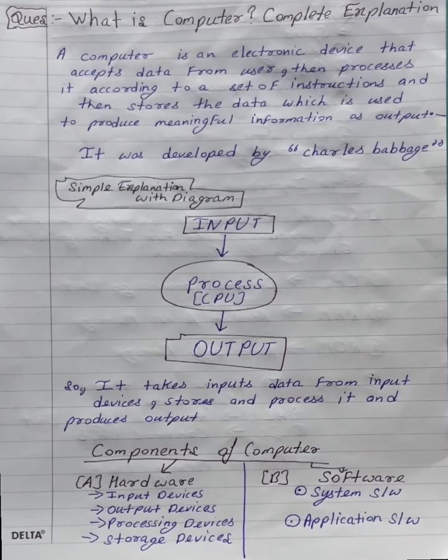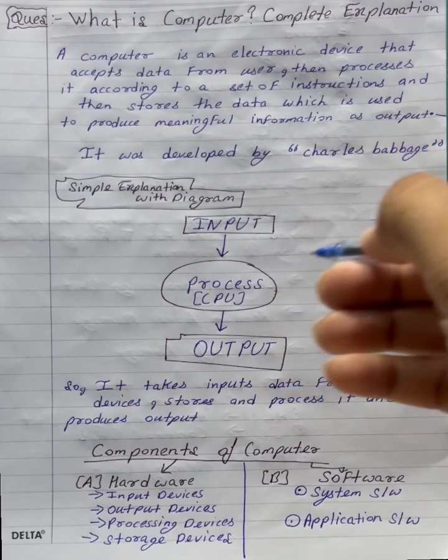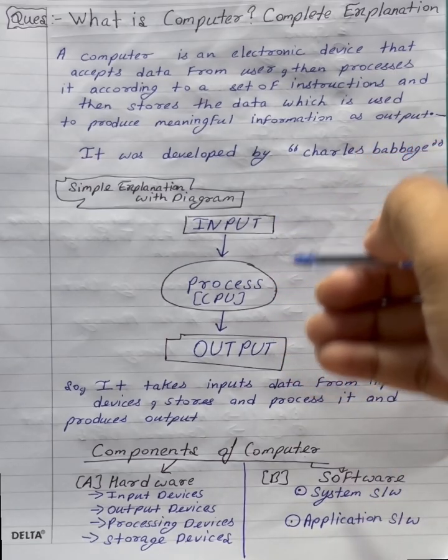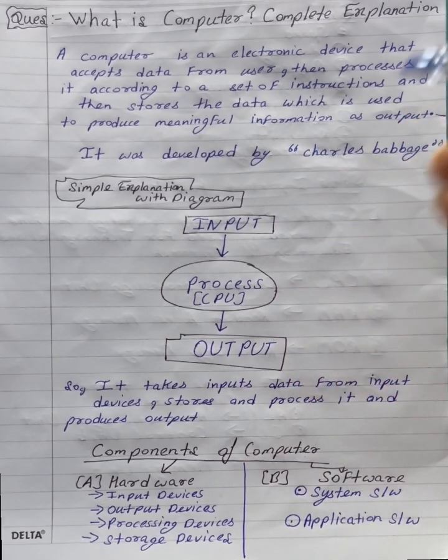Next is the processing unit or CPU. So guys, CPU stands for Central Processing Unit. It is known as the brain of the computer. It receives the data from the input unit, processes it according to the instructions, and controls all the activities within the computer system.